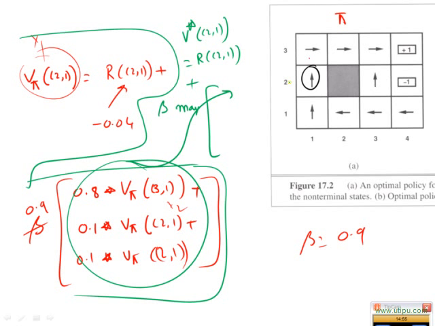Somebody asked me a question: you have 3 actions to do with the hot state, so we don't go down? No, I think we have 4 actions. This is my old MDP, so you can go up, go down, go left, go right. I told you guys in this world we had four actions. You can always have an MDP with only 2 actions, in which case you just do whichever actions are possible.